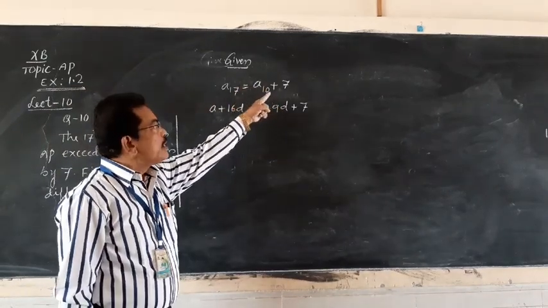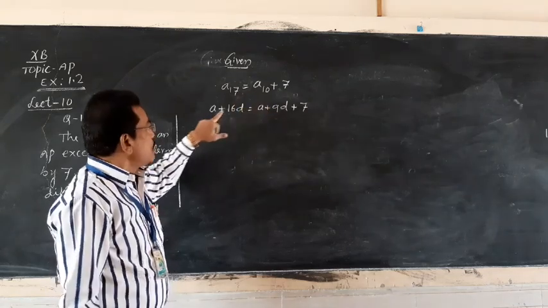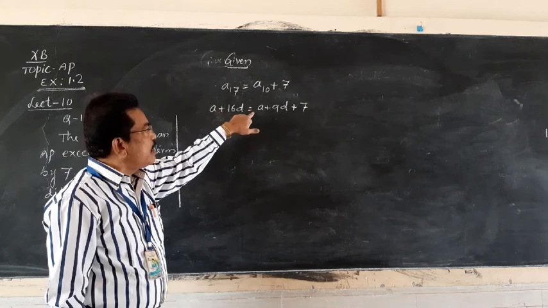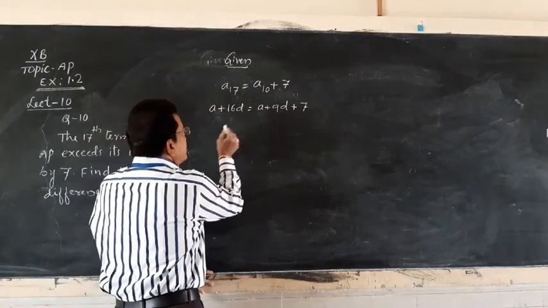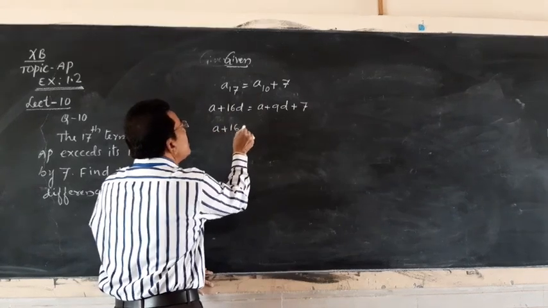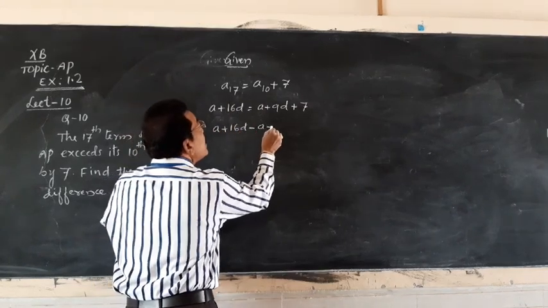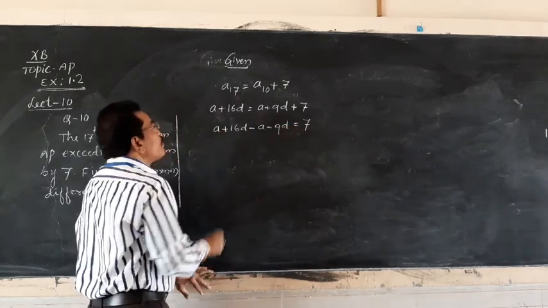Exceeds is shown by the plus sign. So A plus 16D equals A plus 9D plus 7. Next, let us transform: A plus 16D minus A minus 9D equals 7.